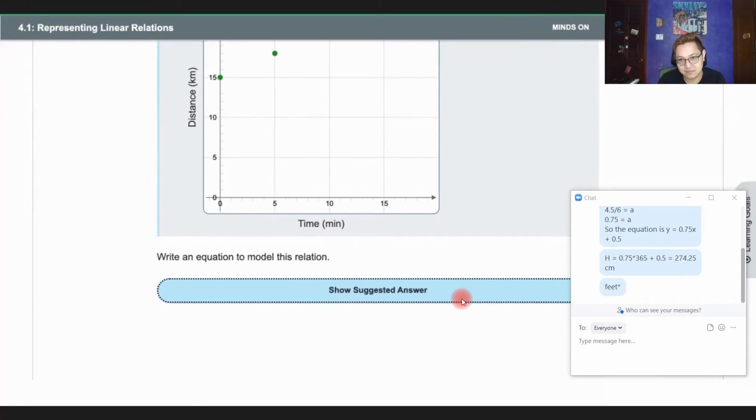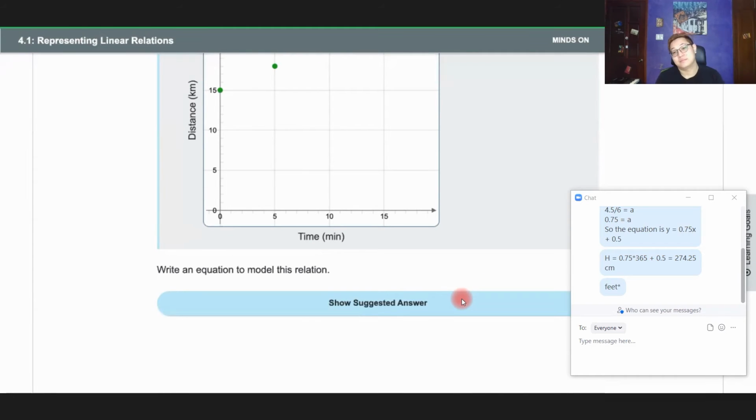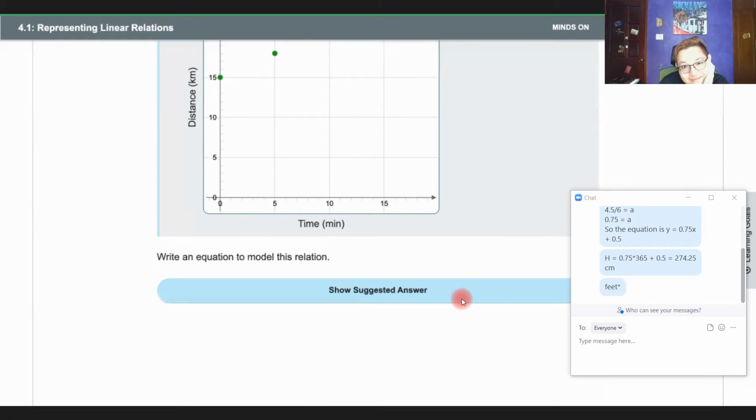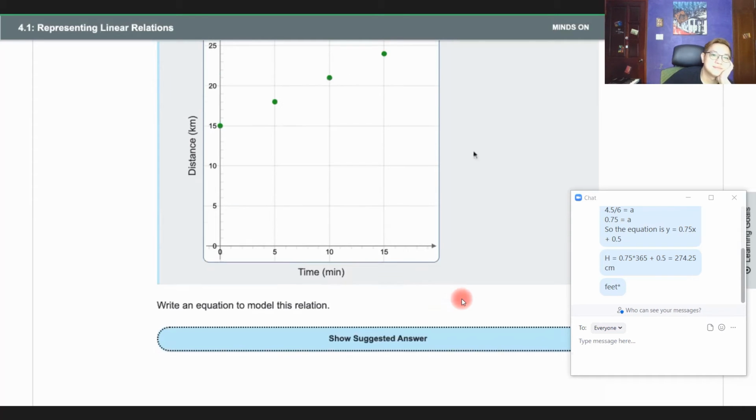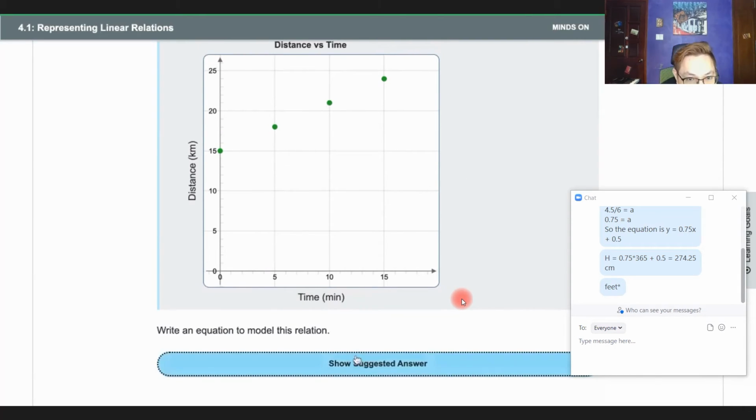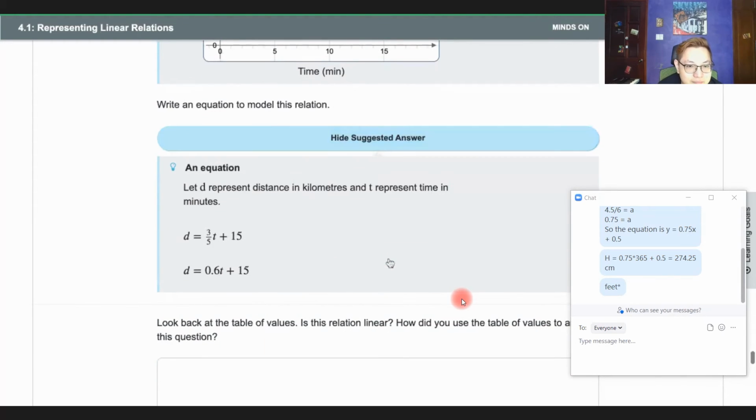I think the equation would be distance equals 1 divided by 5 t plus 15. Yeah. So it would be distance equals 0.6 times t plus 15.